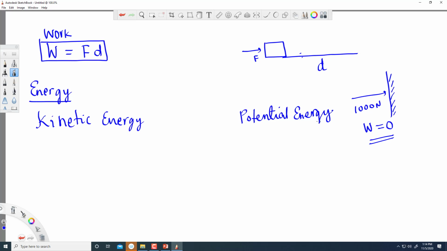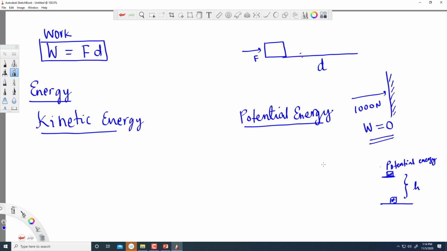So potential energy is due to the configuration of the object. If you have an object on the ground level, if you lift the object to some height h, then this object will now have some potential energy. Okay, it's because of the configuration of that object.